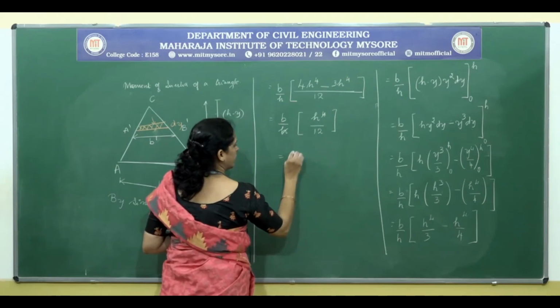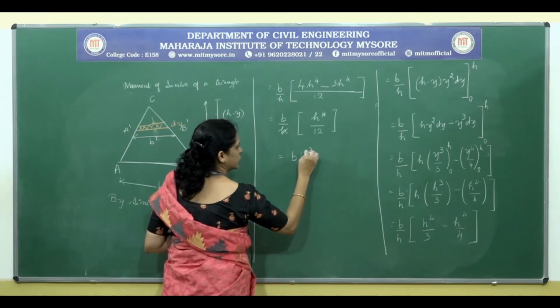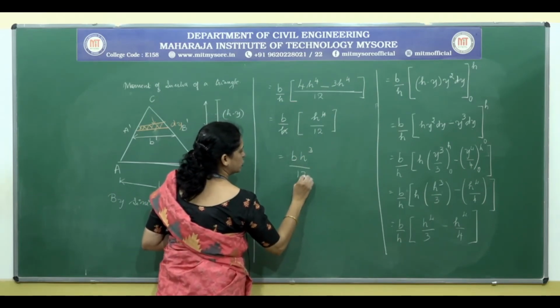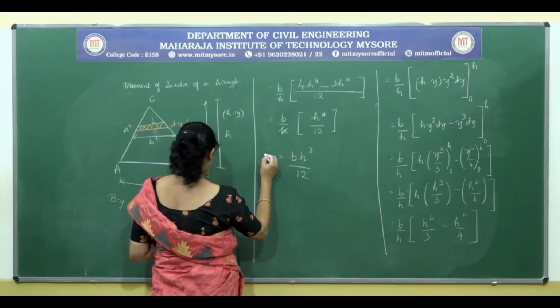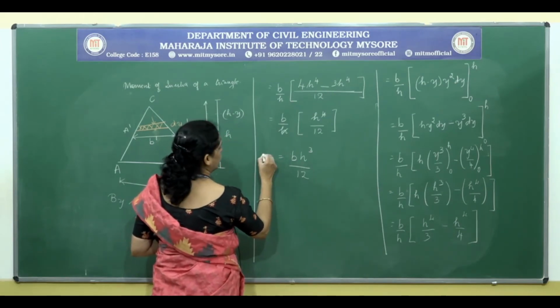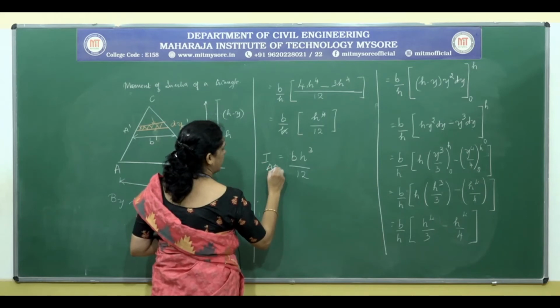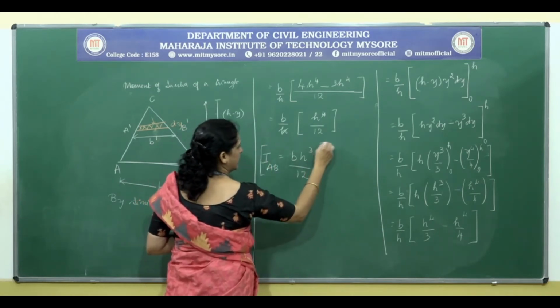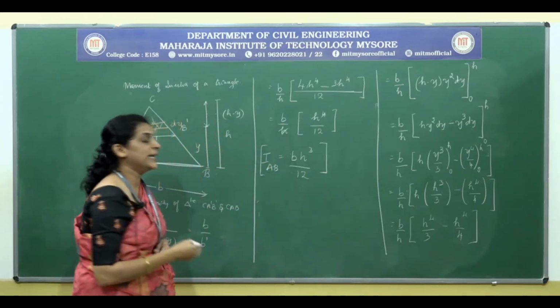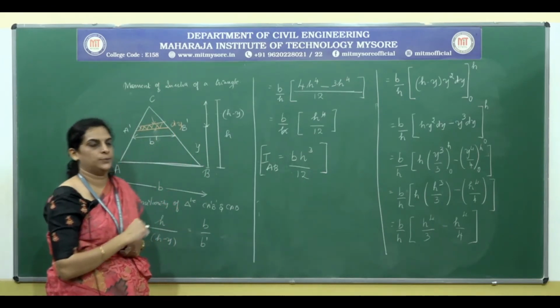So we get bh cube by 12. Therefore, the moment of inertia about AB is equal to bh cube by 12.